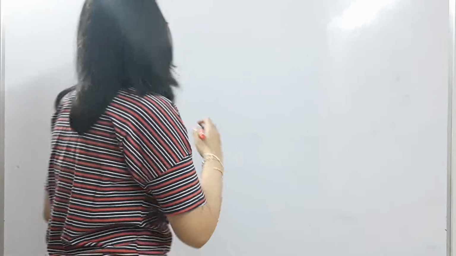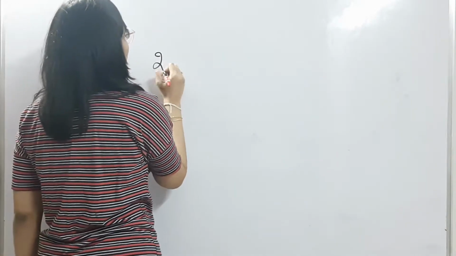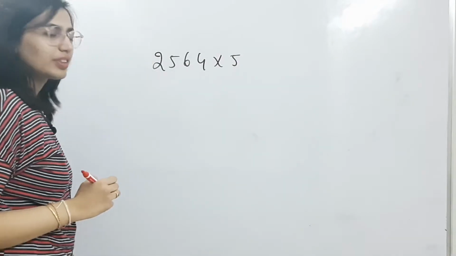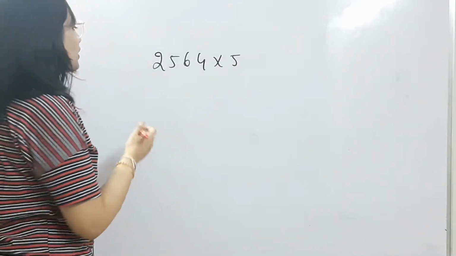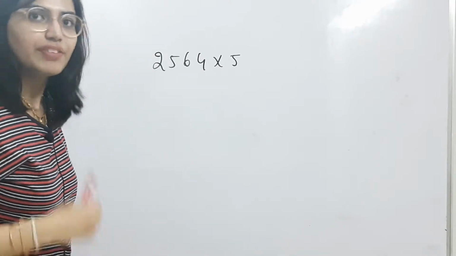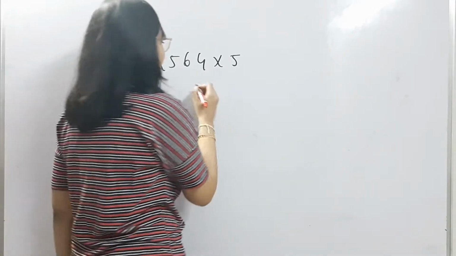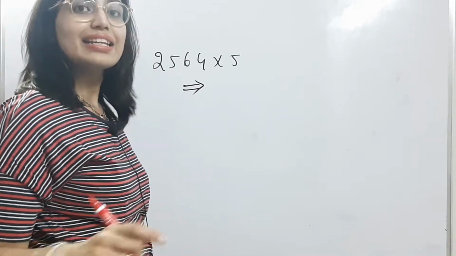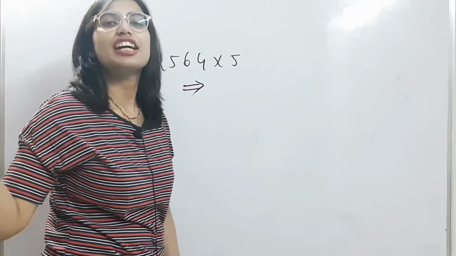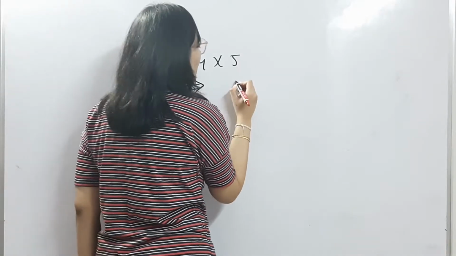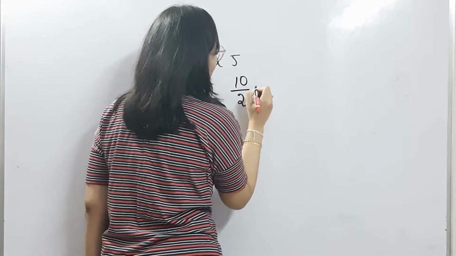These techniques are, if I ask you the value of this, what do you usually do? You end up multiplying this by 5 and we find the value. Even I do that. But why not we implement an easy way to multiply any number, any 7-digit, 8-digit, 9-digit number by 5 by using the simple rule, that is 10 by 2.